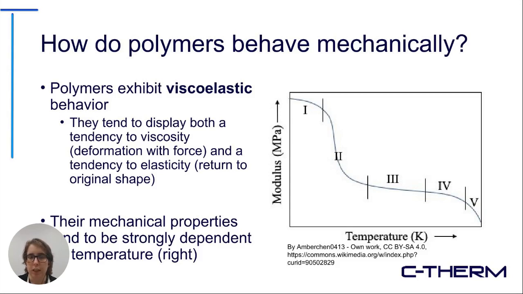If you look on the right-hand side, you can see a curve of a common example, looking at the characteristics of a polymer, the transition from the glassy phase through to the elastic phase into softening and eventual melt.